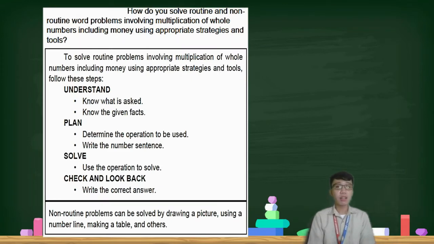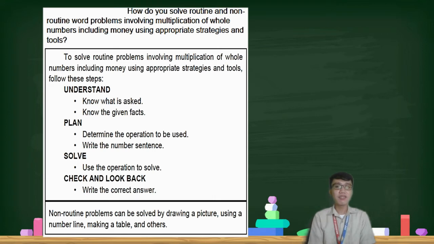Again, how do we solve routine and non-routine word problems involving multiplication of whole numbers, including money, using appropriate strategies and tools? To solve routine problems involving multiplication of whole numbers, including money, using appropriate strategies and tools, follow these steps. Understand. Know what is asked.